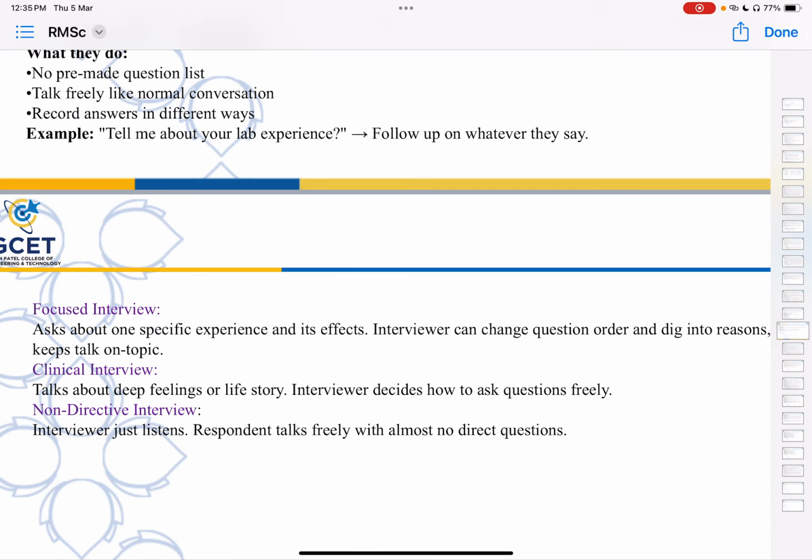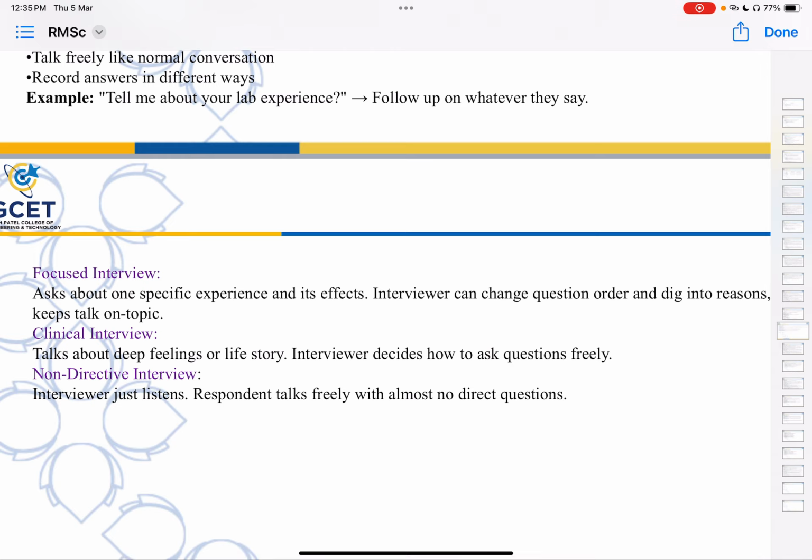In a clinical interview, they talk about deep feelings or life story. The interviewer decides how to ask questions freely. Then the non-directive interview: the interviewer just listens. The respondent talks freely with almost no direct questions. So here the interviewer does not ask any question, but just listens.